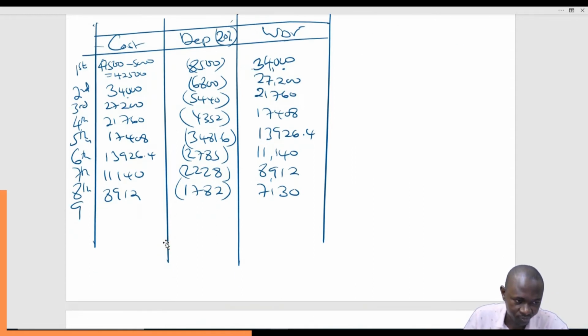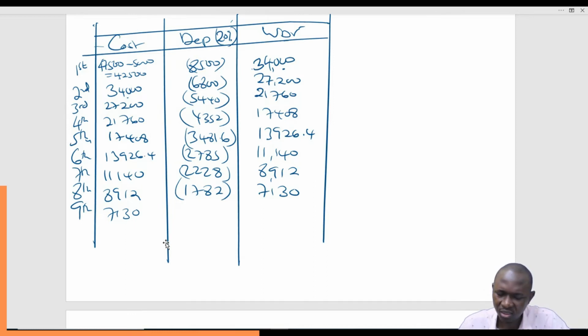Ninth year, 7130. They have told us that it's depreciating at the rate of 20%. If it was the straight line method, 20% simply means that its useful life is 5 years, because it will depreciate 20, 20, 20, 20, and then it's over. But for the reducing balance method, it will go all the way, unless they tell you how many years it's going to be in useful life.